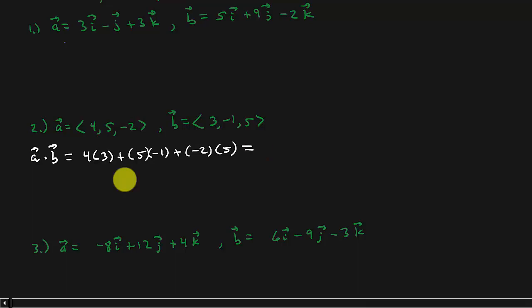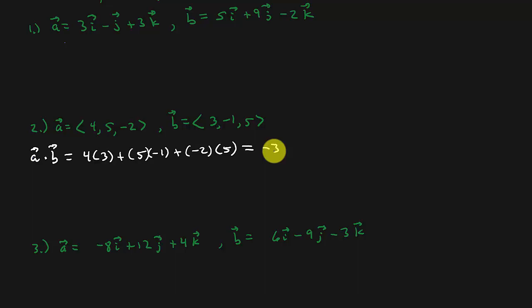And what does that equal? That's 12, and that's negative 10. So 12 plus negative 10 is 2, and 2 plus negative 5 is negative 3. So that tells us they're not orthogonal.